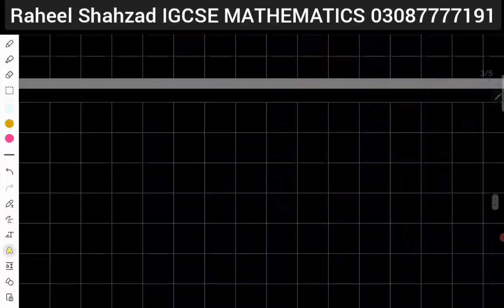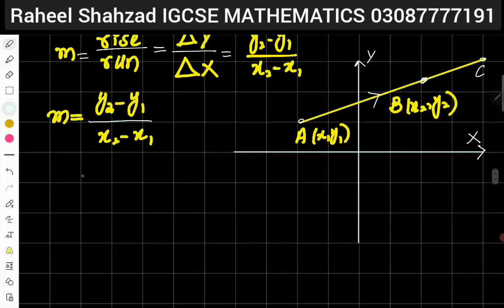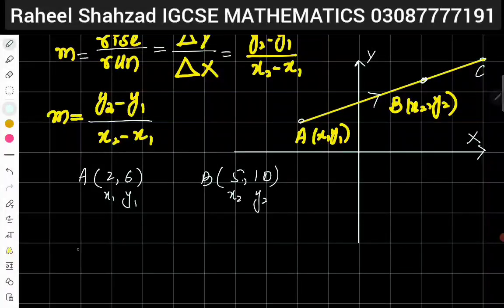For example, find the slope of a line with points (2, 6) and (5, 10). This is your x1 and y1, and this is your x2 and y2.